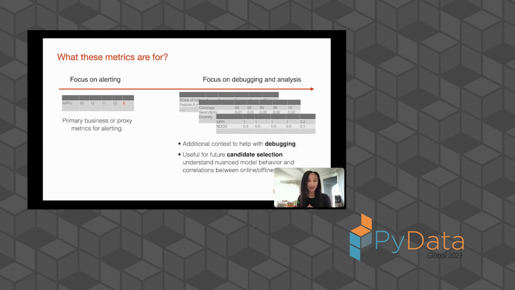Why so? Again, it's very useful for future candidate selection, especially if you will be able to understand the nuances between the model behavior and the value of your KPI metrics so that you can optimize the process of selecting the best models for future experiments and production.